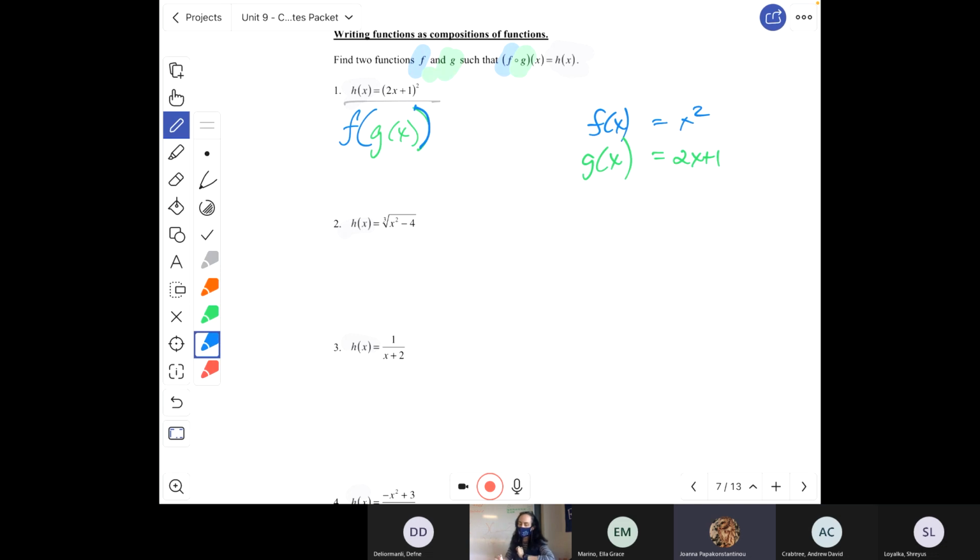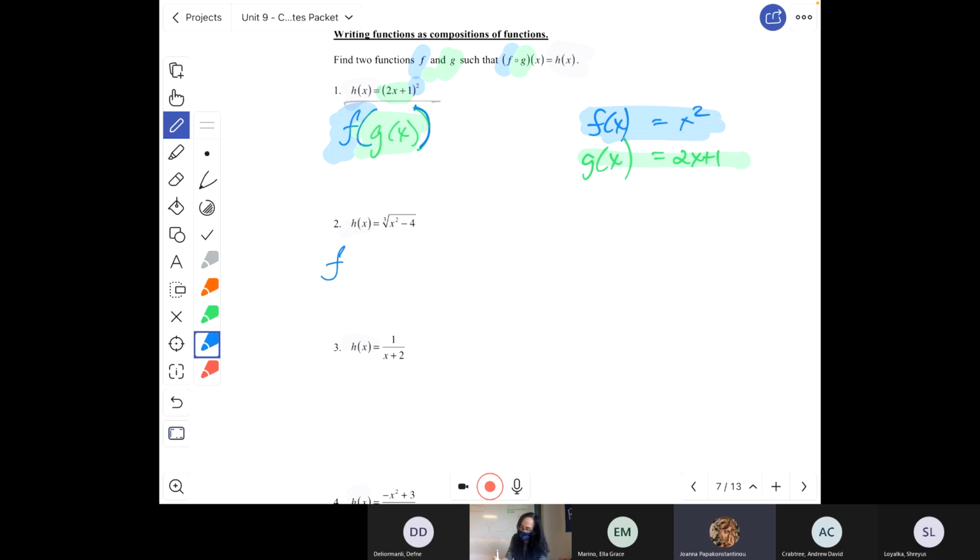So f of x is the big one outside, and then g of x is what I'm inputting. Again, sometimes it takes a little while to get used to these. Okay, let's think about the next one.